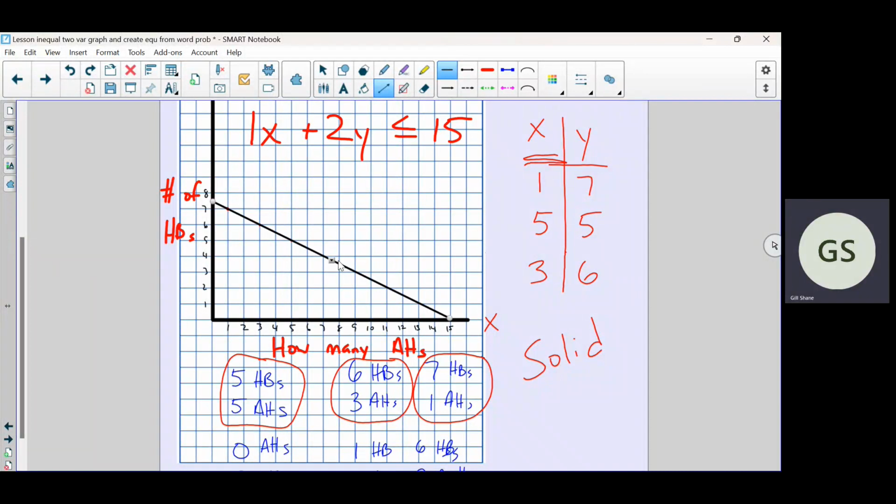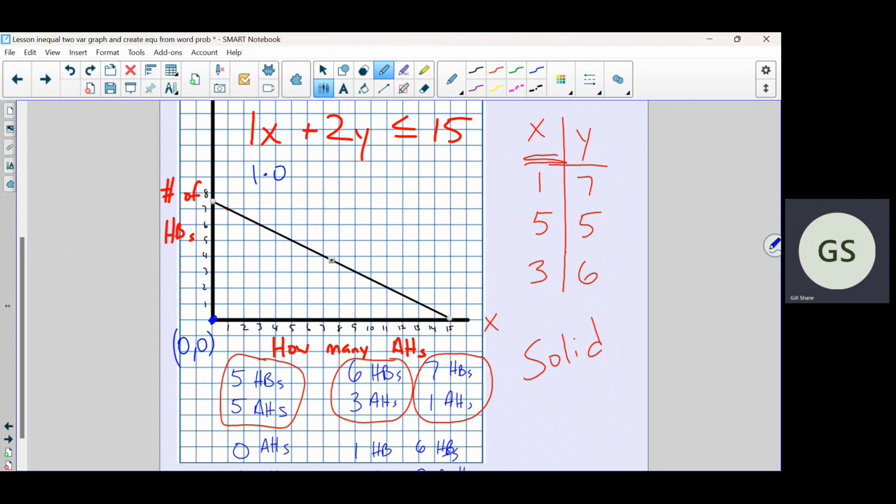But the way you test it, so step 3 when you're doing your graphing today, you plug into the equation 0, comma 0. So you're making x 0. So I'm testing this point now, 0, 0. This point right here. I'm always going to test that point unless that point is on the line.